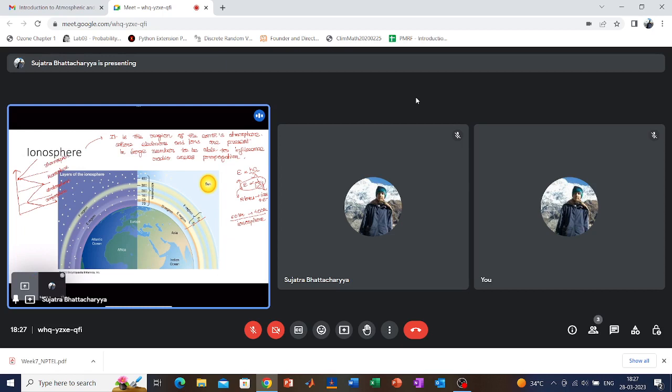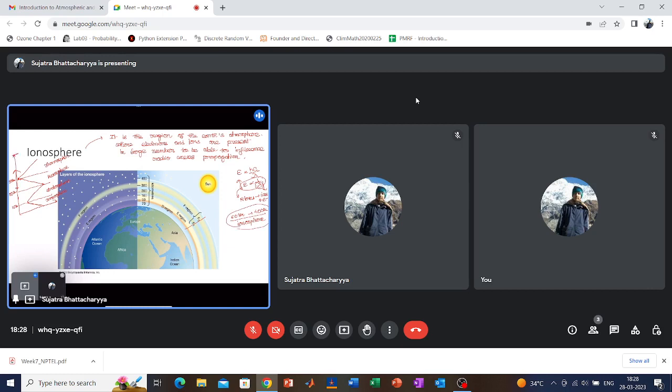If this is 60 to 400 kilometers, and if you remember the heights of each of these layers, the troposphere extends up to 15 kilometers, stratosphere up to 50 kilometers, mesosphere up to 90 kilometers, and after that it is thermosphere. Now if the ionosphere belongs to the region from 60 to 400 kilometers, then it should start somewhere between the mesosphere and thermosphere.